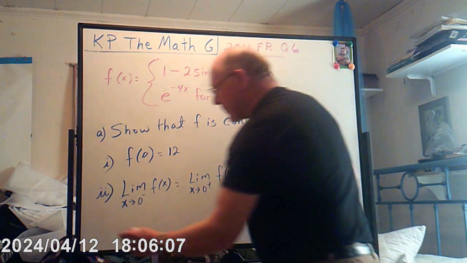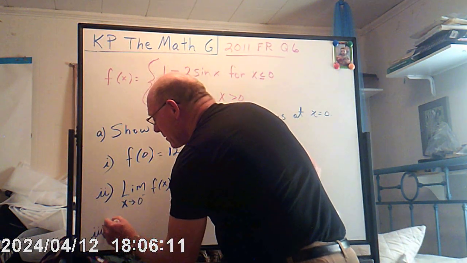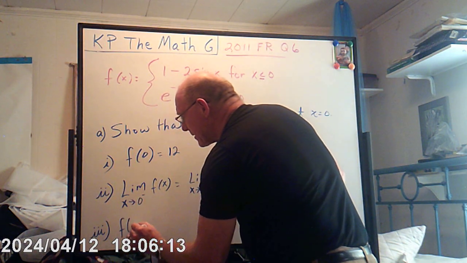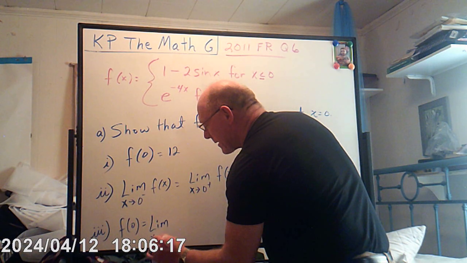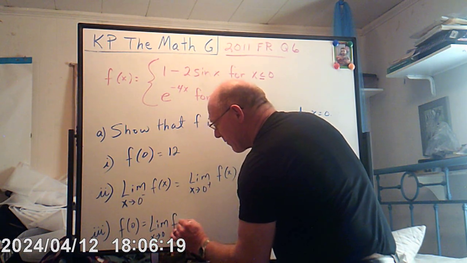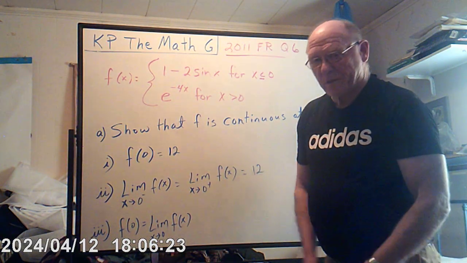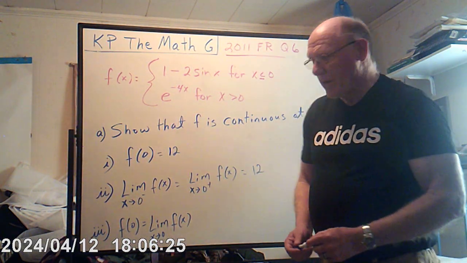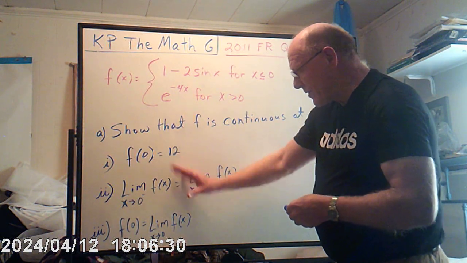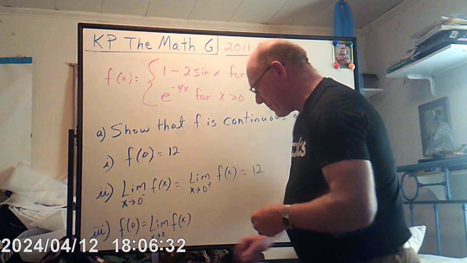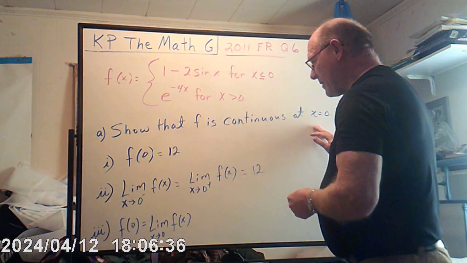Then, of course, F at 0 must equal the limit as x approaches 0 of F of x. Those 3 things are what you have to prove when you are showing that this F is continuous.